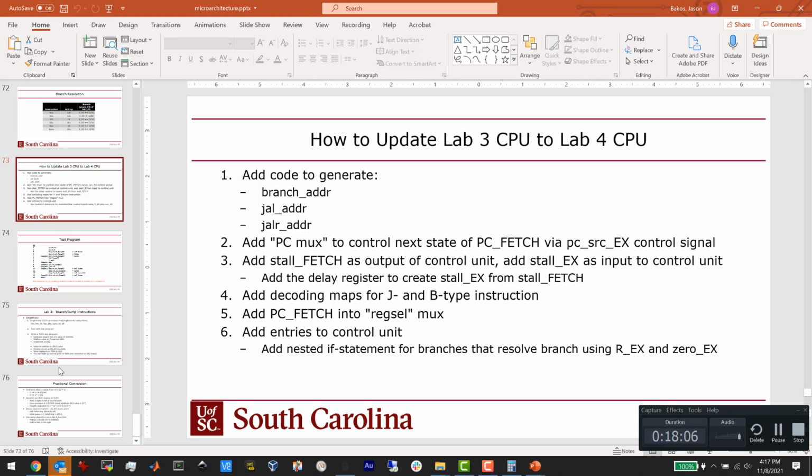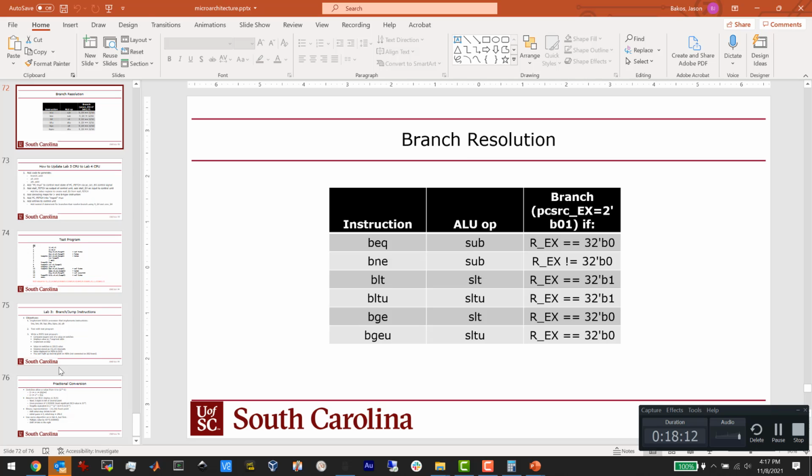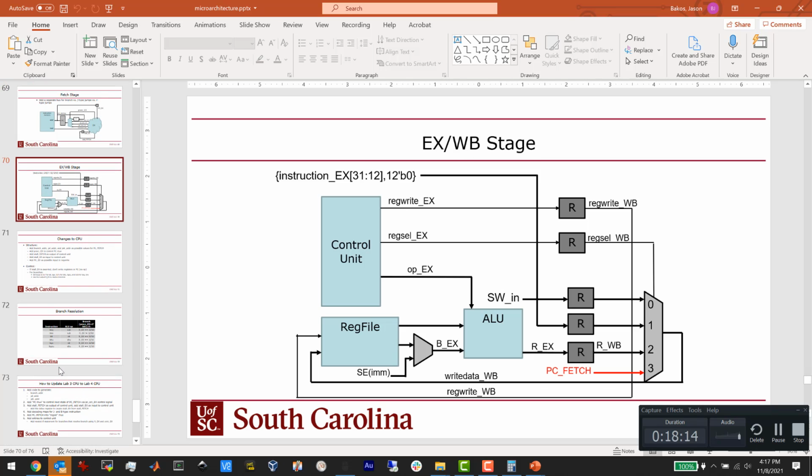Then you want to add the PC fetch as an input into the reg select mux. So what I mean by that is you had this reg select mux that controls what gets written back into the register file. And luckily, we have a spare input on that, right? Because there were 3 inputs.